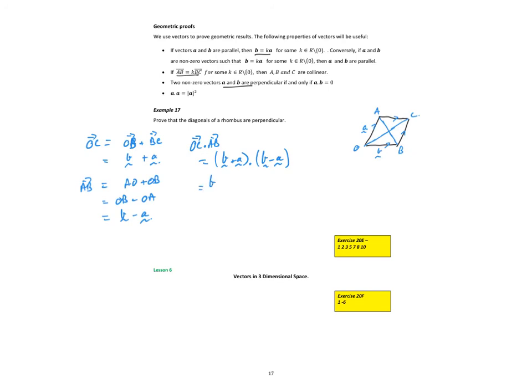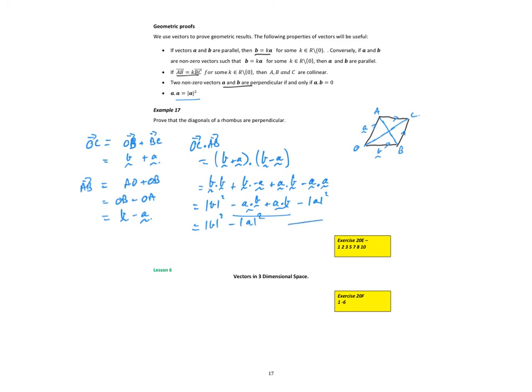So that's equal to B dot B plus B dot negative A plus A dot B minus A dot A. So B dot B up here is just mod B squared, minus A dot B, the negative sign's distributive, plus A dot B minus mod A squared. Now these two terms cancel out, so I get mod B squared minus mod A squared.